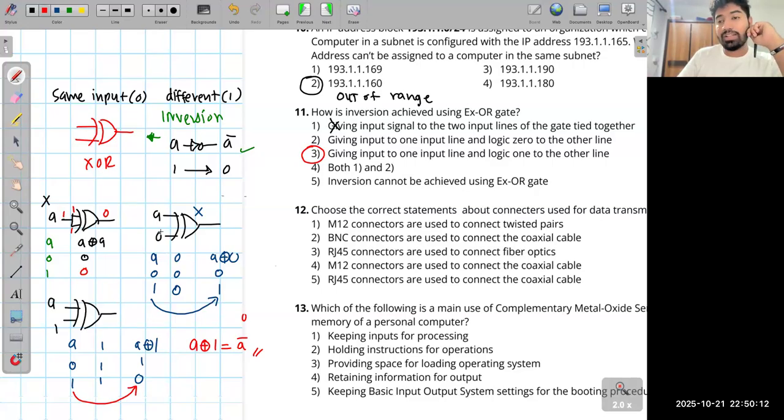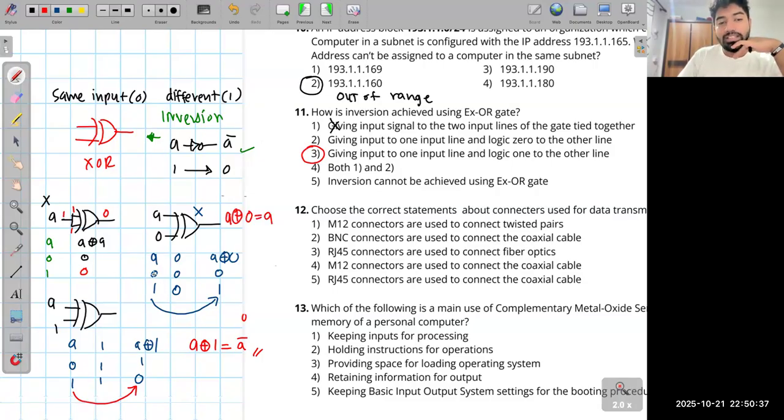So you send A and 0. 0 XOR 0 is 0, 1 XOR 0 is 1. It doesn't give you the opposite, it gives you the same answer. If A is 0, output is also 0. A XOR 0 gives you A. If A is 1, output is 1.